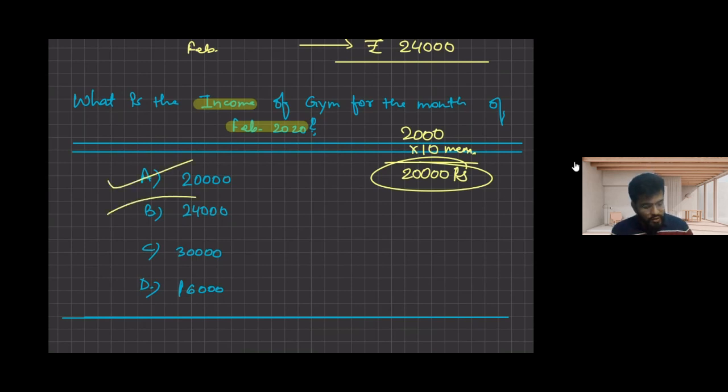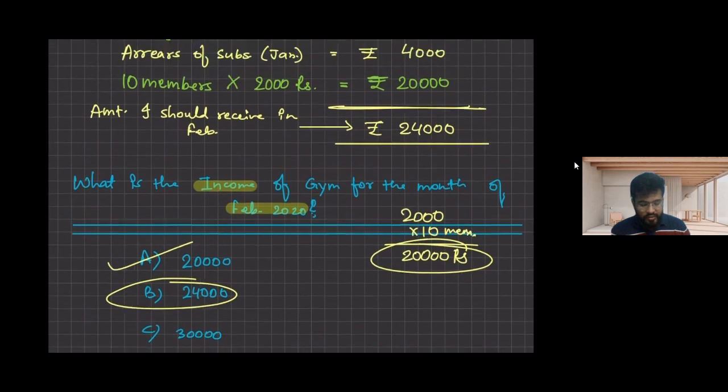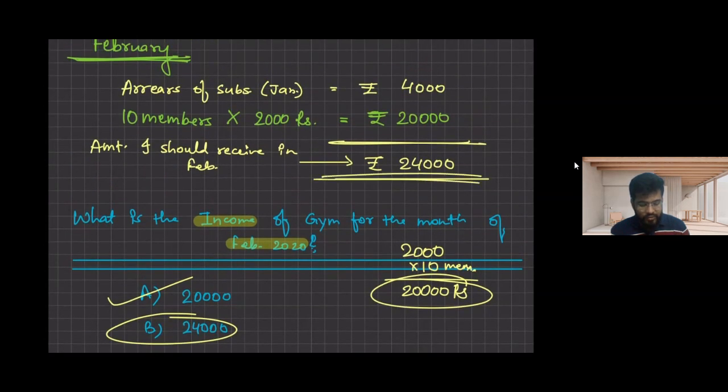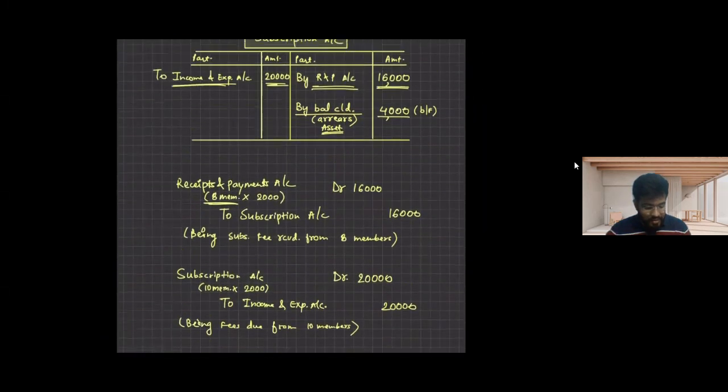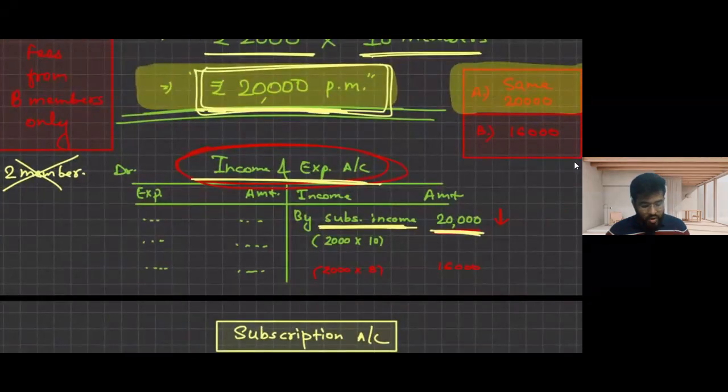Sir, why not 24,000? You just told us that I need to receive 24,000 from the members. So, beta, I am saying that I need to receive 24,000, out of which 4,000 was not the income of February. This is the income of January, and it is already considered in the income and expenditure account of January 2020.